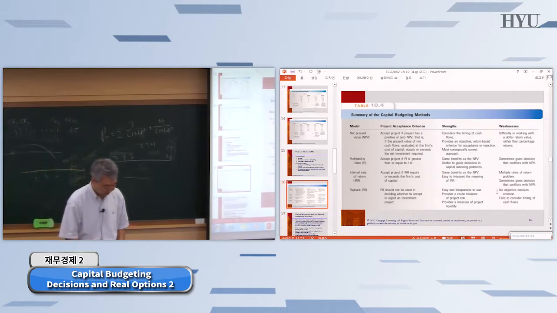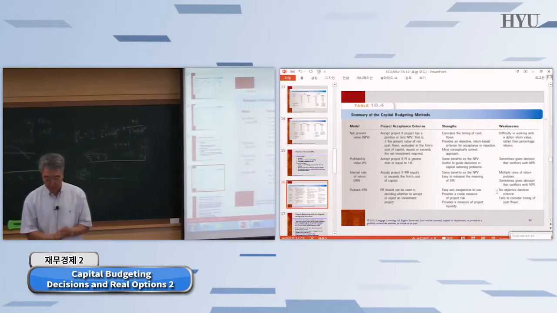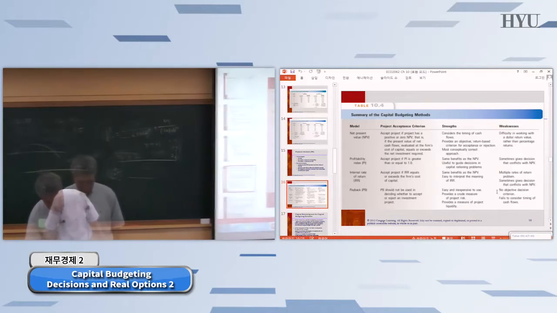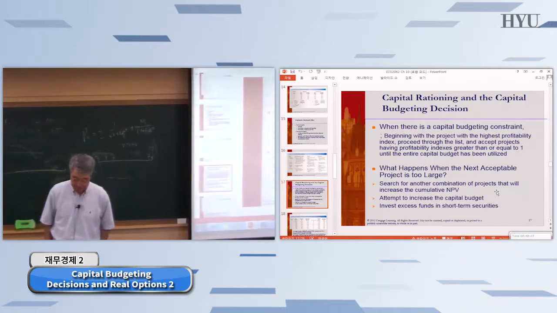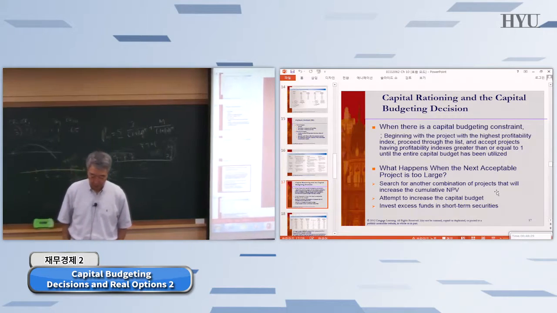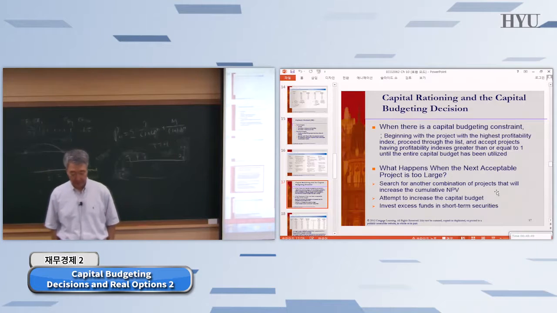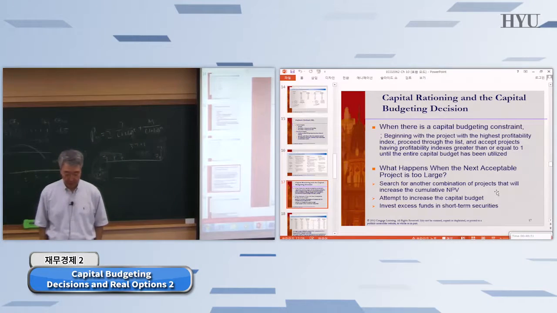All right, why don't you look at this summary, see if you have any question. The next topic is about capital rationing. So when a company faces a capital constraint, how should they come up with the decision?